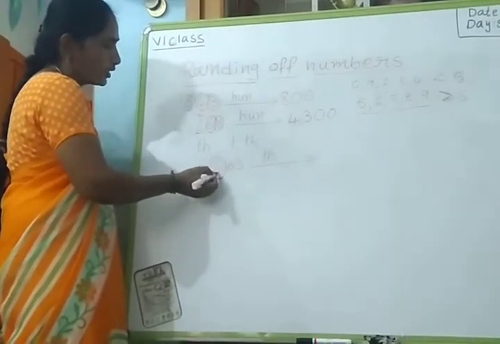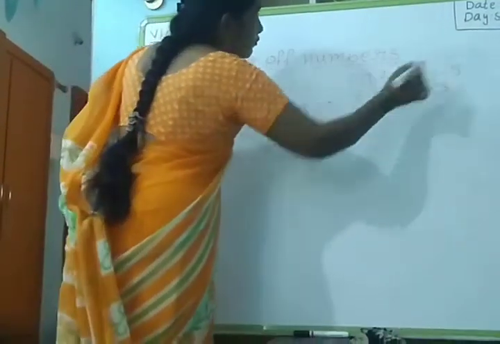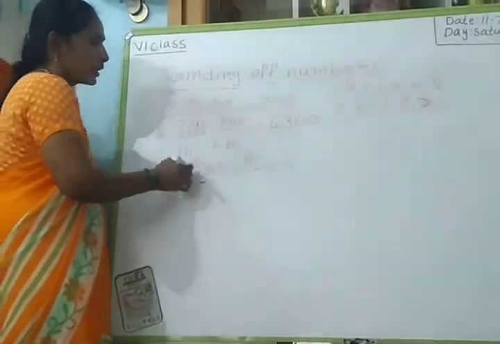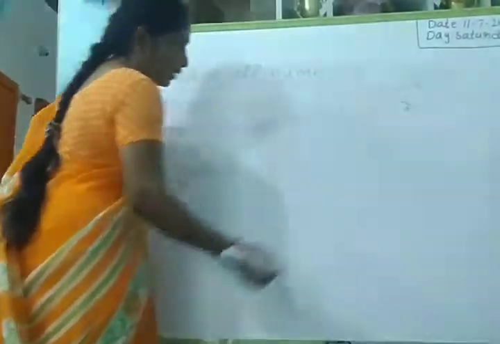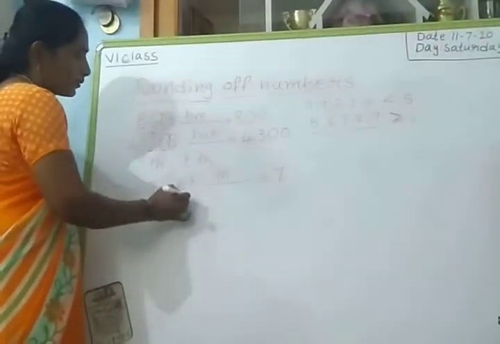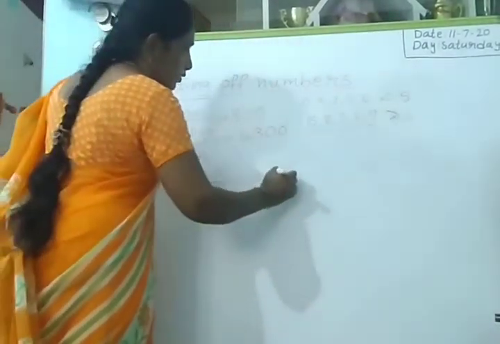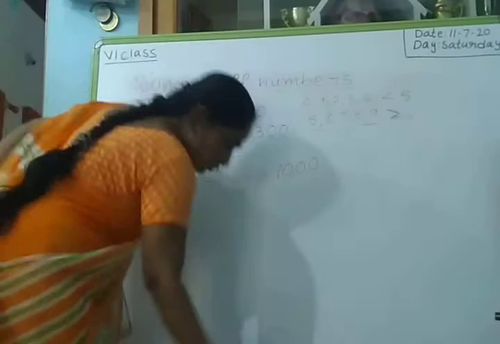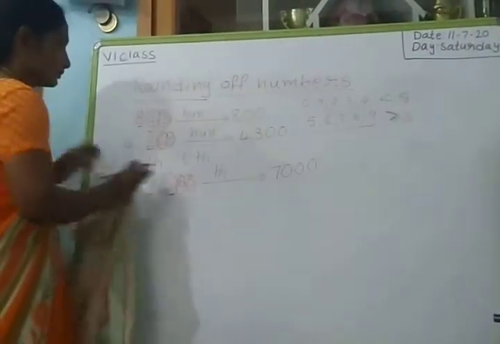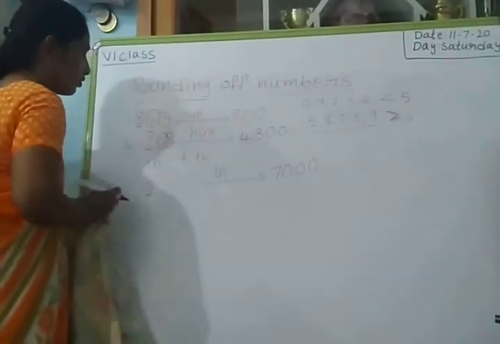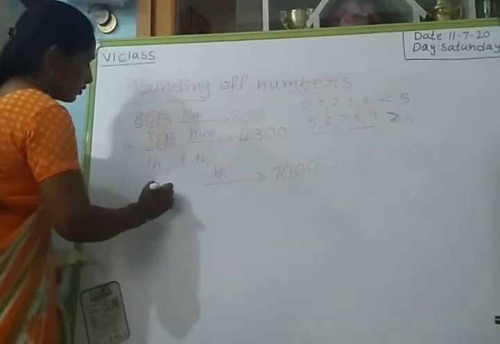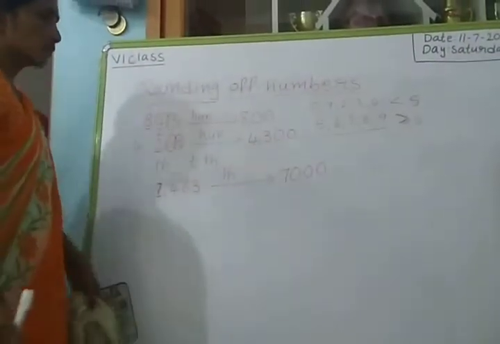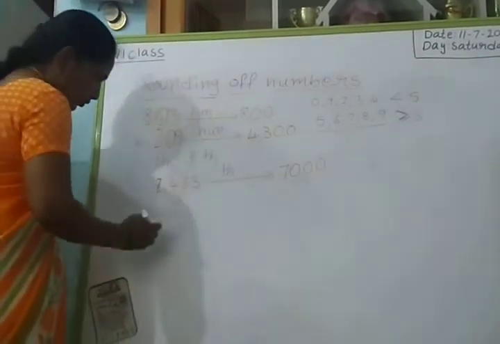Which digit is there? 4. 4 is less than 5, so write the thousands place as it is and make the remaining 3 places 0. So the answer is 7,000. 7,463 to the nearest thousands is 7,000.